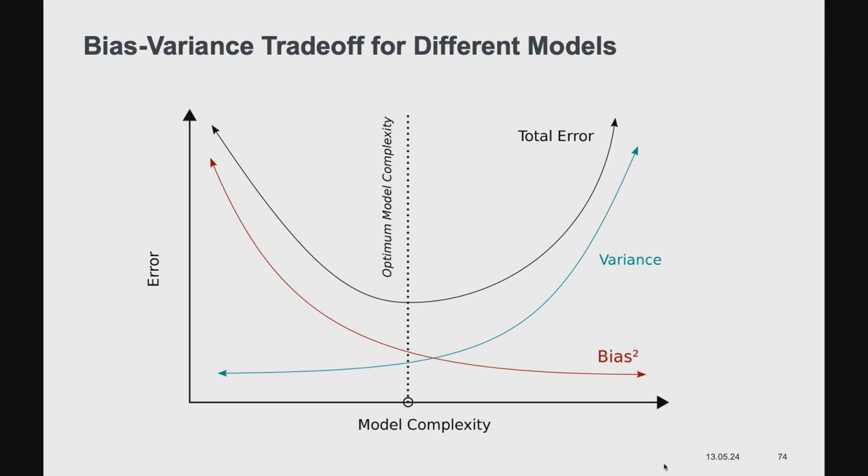If I have a very complex model, and so a very high polynomial, for example, then I have no bias because I exactly hit my data points, but the variance will be very large when I switch from one data set to the next data set.